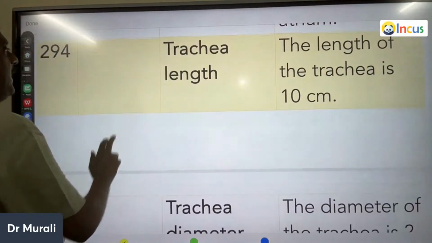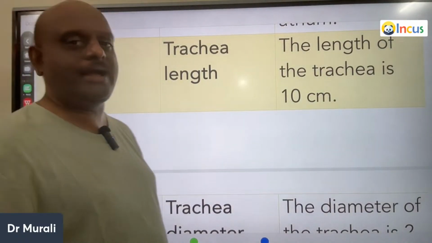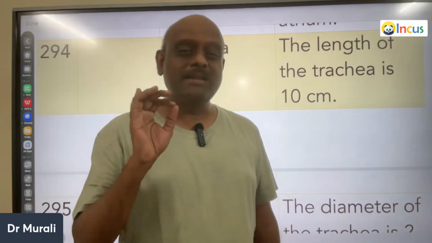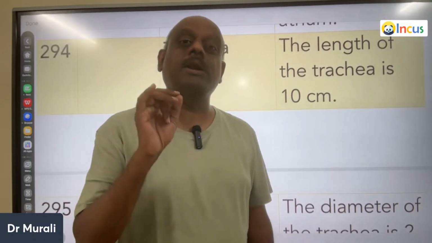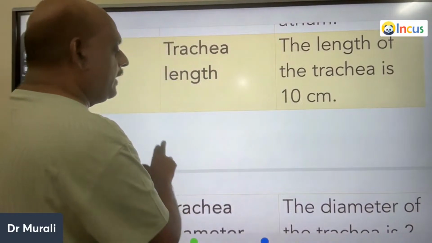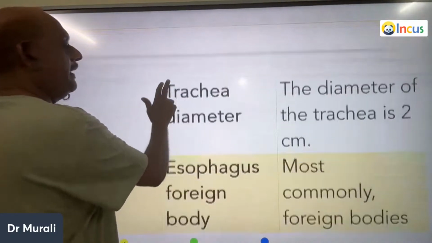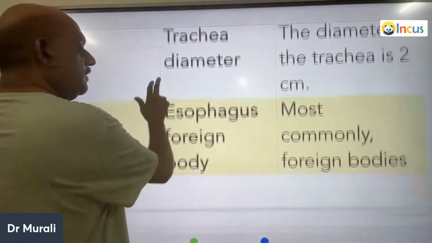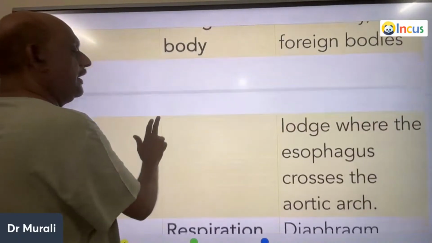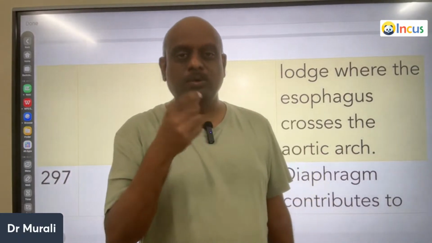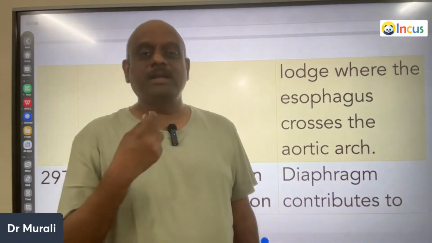So what is the length of the trachea, doctor? Length of the trachea is 10 centimeters. A lot of you are going to do tracheostomies and pass endotracheal tubes, so you need to know the anatomy. The diameter of the trachea is 2 centimeters. Most commonly, a foreign body is typically lodged in the larynx or bronchus. Whenever a fish bone or something lodges in the esophagus, where does it lodge?